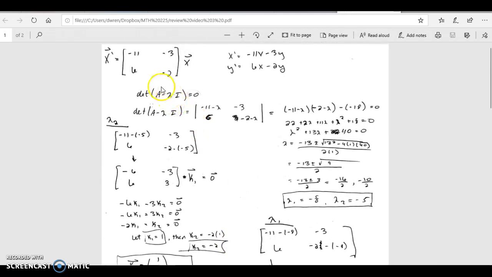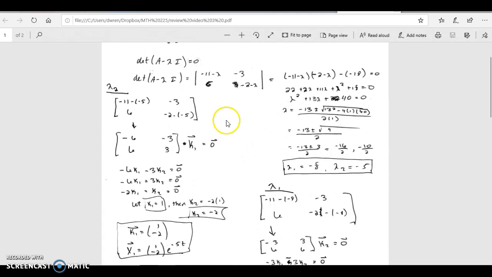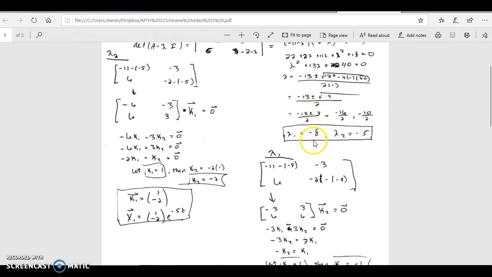To quickly review, to get the eigenvalues, set the determinant of A minus lambda I equal to 0, or subtract lambda from the values on the diagonal, regardless of how big the matrix is. Cross multiply and solve for your lambda values. Take each one, substitute lambda back into the matrix.